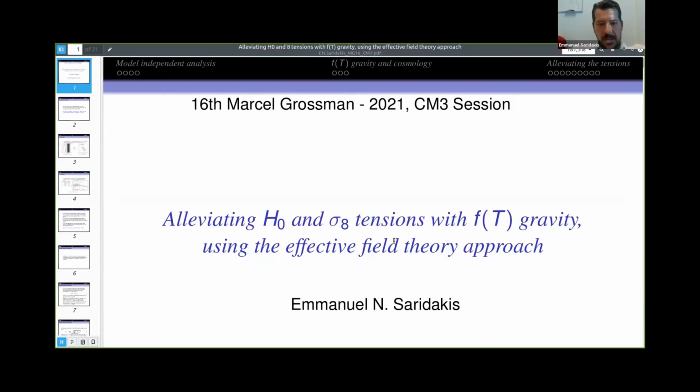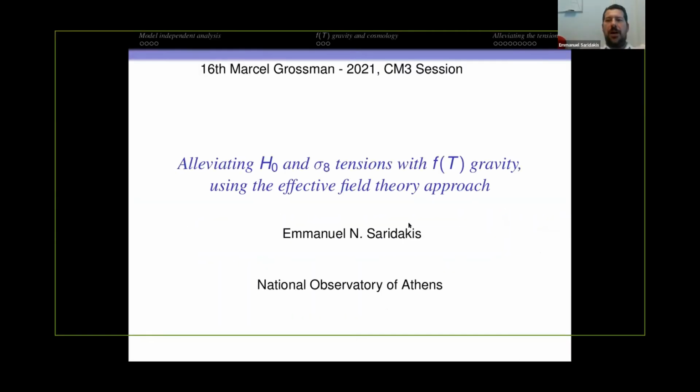The talk is on alleviating H0 and sigma 8 tensions with f(T) gravity. Can I share my screen? Yeah, please do it, as you like, because you are not successful in doing it at the moment. Let me see. Now I can see. Yeah, please, you may start. That is a funny green framework.